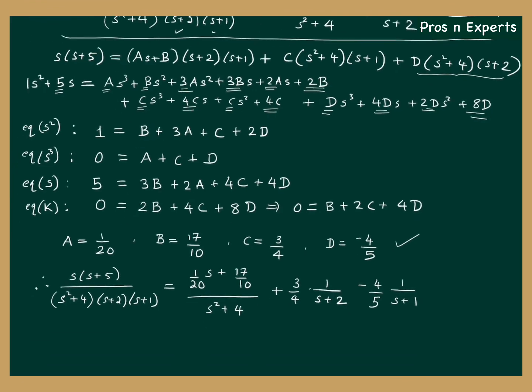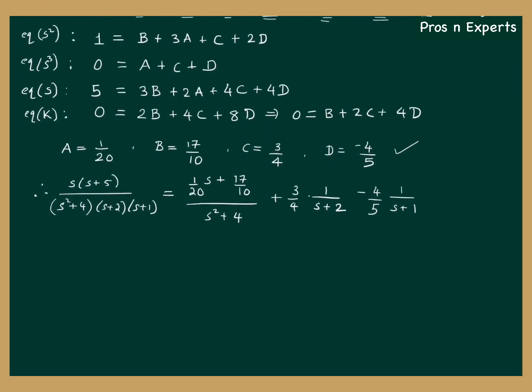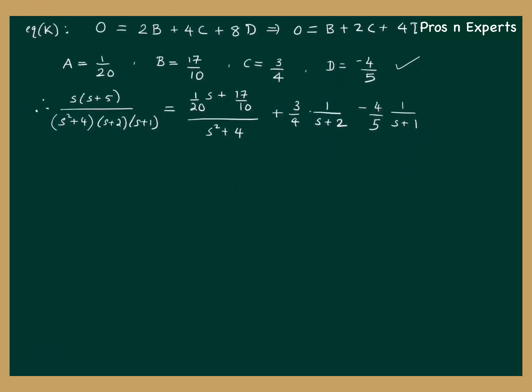Now we have to find the inverse Laplace transform of the RHS. For that, I am separating the first terms; there are two terms in the numerator. I am writing 1 by 20 into s by (s square plus 2 square), for some specific purpose, plus 17 by 10 into 1 by (s square plus 4).